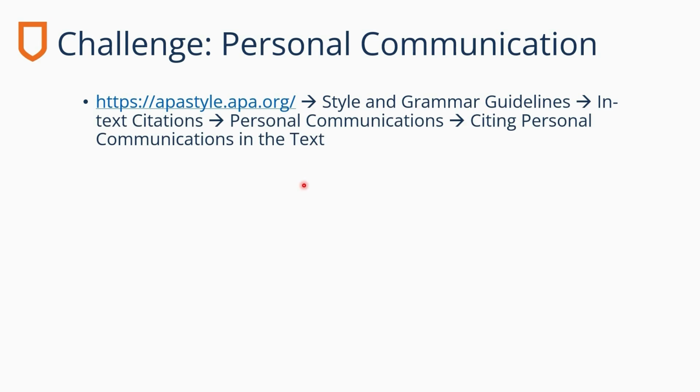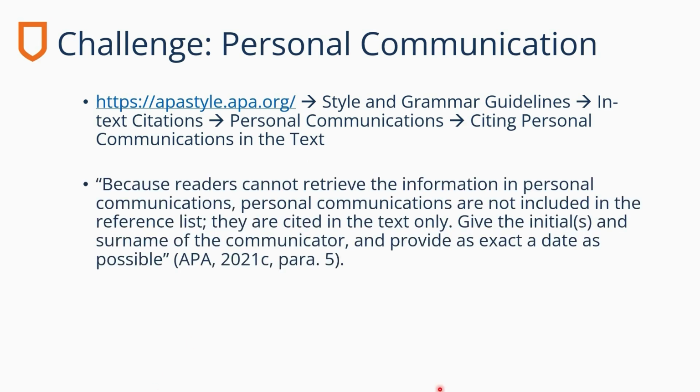On this webpage, we learn start with the author, including the first initial and last name, then give the phrase personal communication, followed by as exact a date as possible. The in-text citations page also provides instructions on citing quotes from research subjects and secondary sources, so this is also a very helpful page.